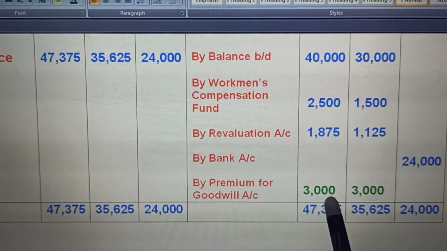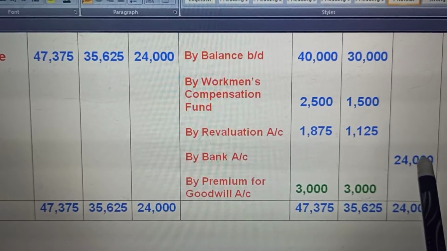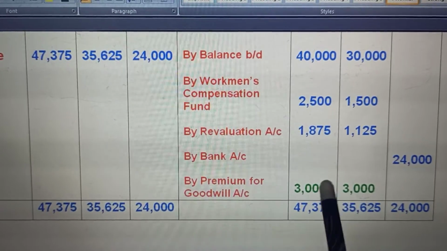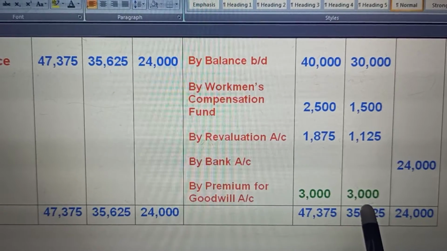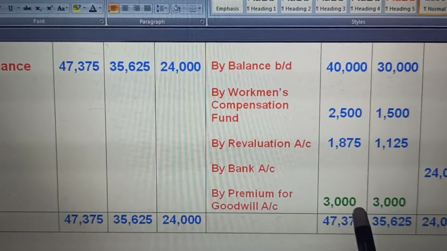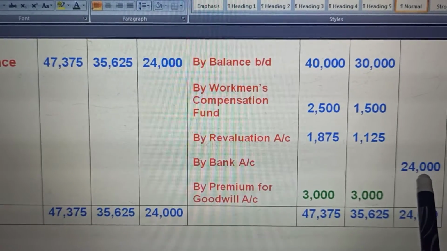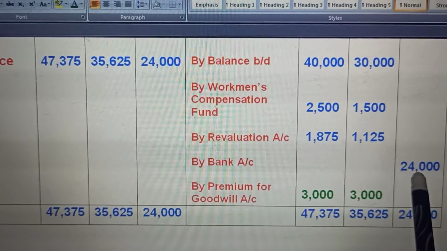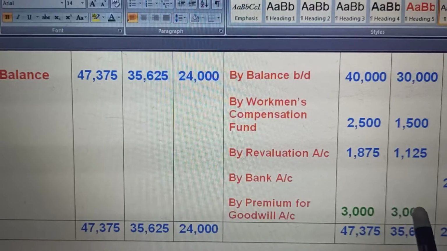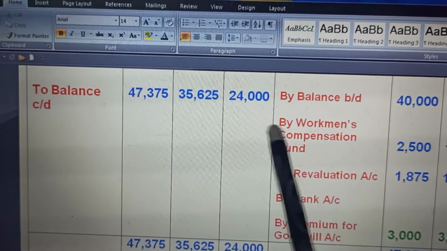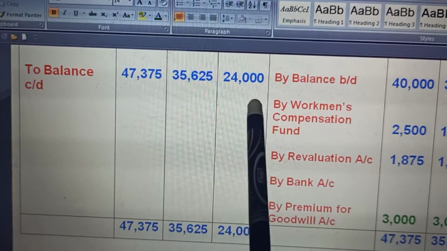That 6,000, we had 24,000, 1/4 of it, 6,000, and 6,000 in 1:1 is 3,000 and 3,000 to them. C is bringing 24,000. His share of goodwill is distributed between A and B in the sacrifice ratio, that is 1:1. And this is the balance carried down, nothing on this side.